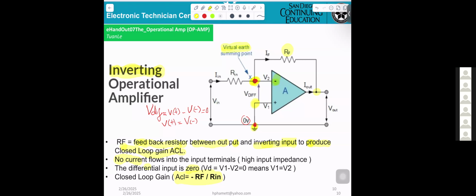No current flows into the input terminal, due to high input impedance. Closed loop gain ACL equals minus RF divided by RE. That means you take RF divided by RE and you get the gain, and you get a minus gain. Okay, so let's see how it works, current I here.